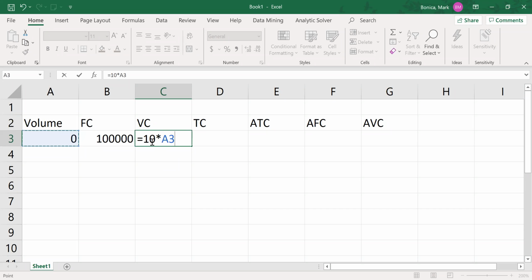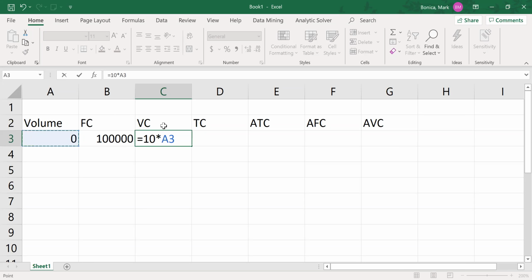In this case, it's saying 10 times whatever is in A3. The way we navigate Excel is we look at the letter of the column and the number of the row. So A3 refers to column A, row 3. This cell here would be B3.